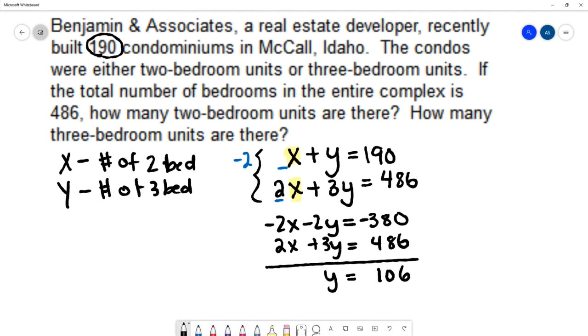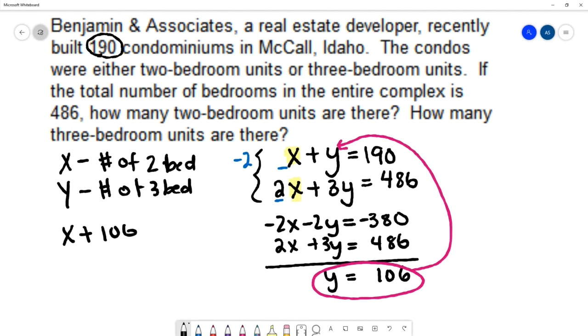So now we know that we have 106 three-bedroom condominiums, and I'll substitute this back in to figure out how many two-bedroom condominiums we have. x plus 106 is 190.